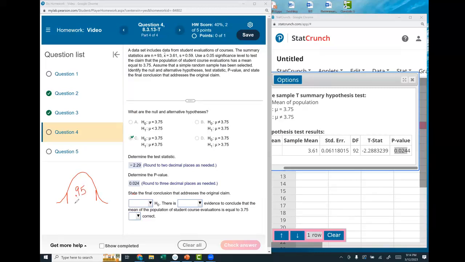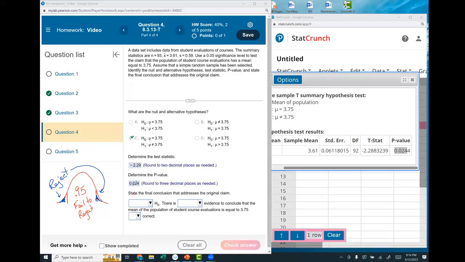And this is fail to reject. But I have these ends here, here and here. And this is the rejection area. Both of these. Okay.